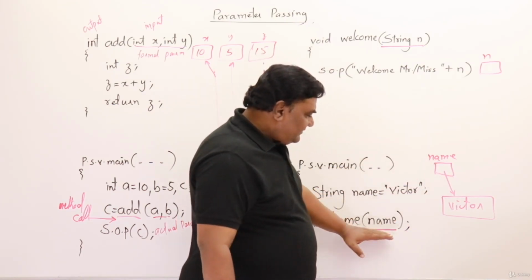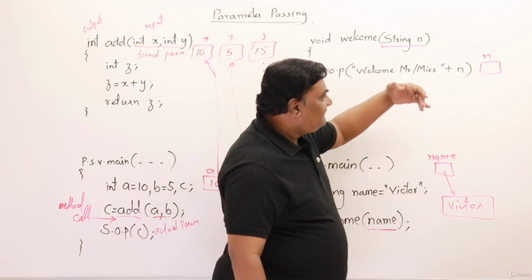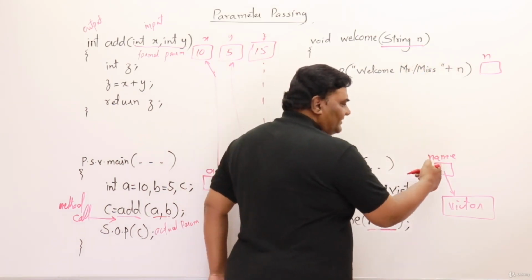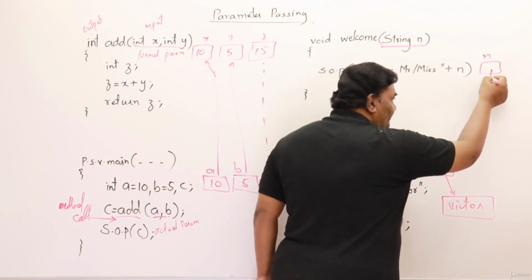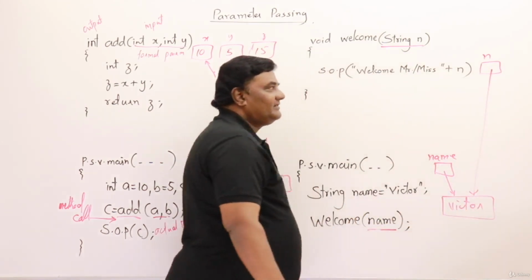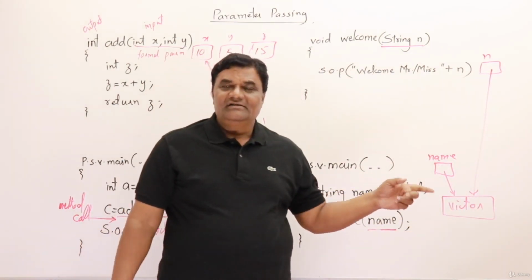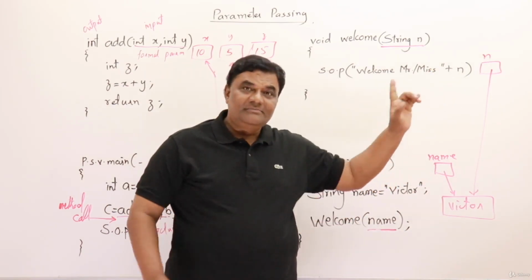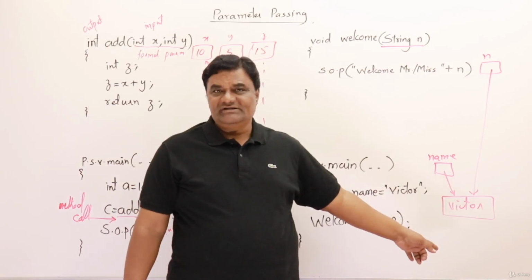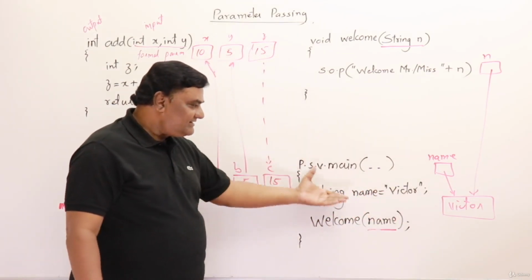Then the content of actual parameters is copied in formal parameters. So what is copied from here? Address. So whose address? This object's address. So it will also refer to the same object. See, this is how that n will not create a new object, but it will refer to the same object that actually exists inside the main method.